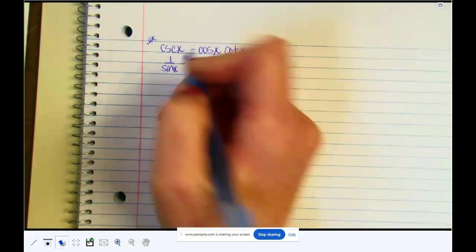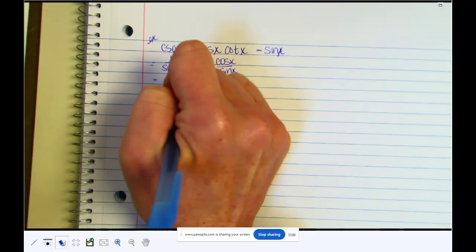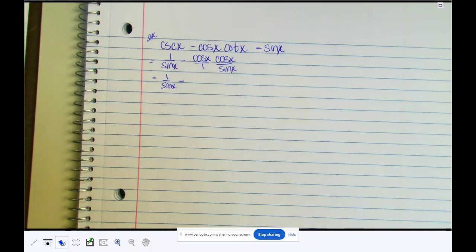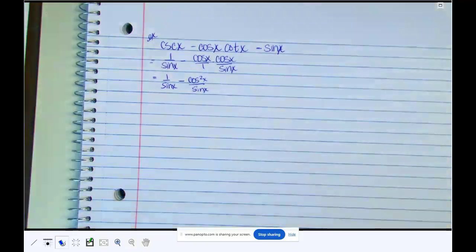Okay, so we talked about the metaphor of reassembling the Lego blocks. You take it apart and you reassemble it, it looks different. What does this equal? Now, here's a situation. You do not have to create a common denominator, but there is one. If there is a common denominator, 99 times out of 100, you should use it.